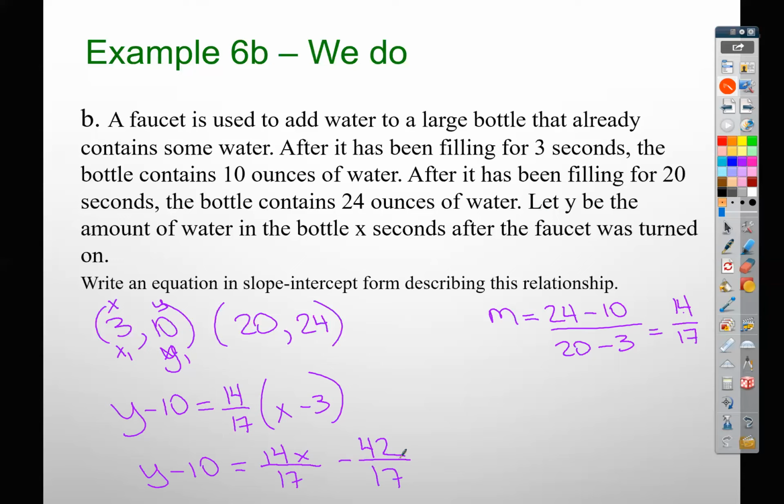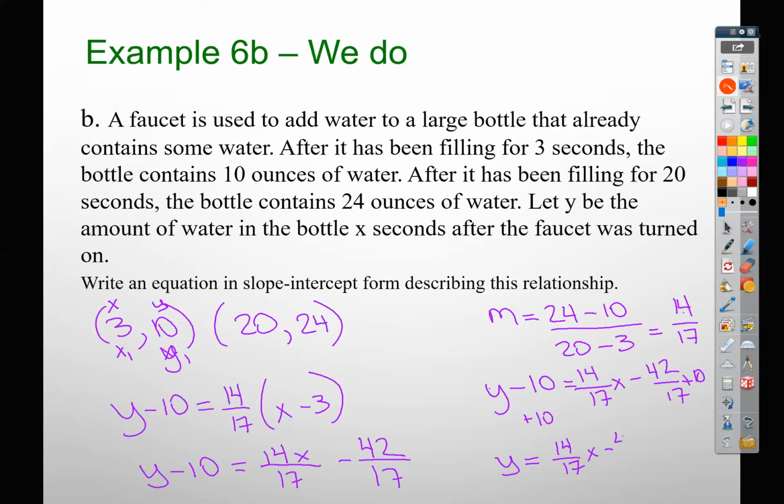Okay, and then all we have to do is add this 10 to the other side. So y minus 10 equals, I'm just rewriting the equation so it can be all together. We're going to add 10 to both sides. And when I do that, I need a common denominator.